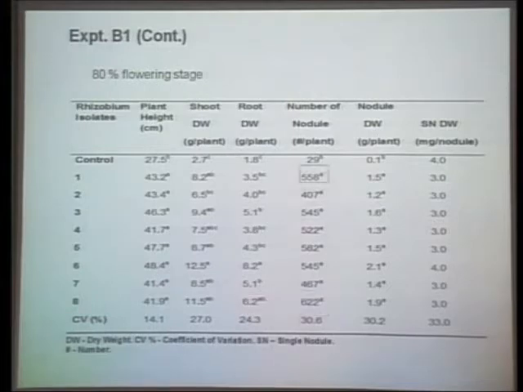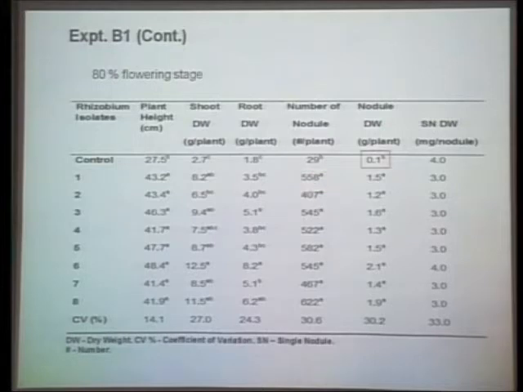And then number of nodules also continued to increase, and it shows high significance within the isolates and the control. Isolate 8 gave the highest, followed by isolate 5, and the third highest was isolate 1. And of course, statistically, they are the same, there is no difference.